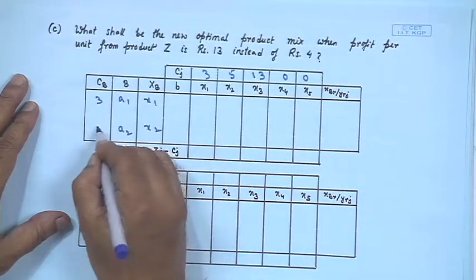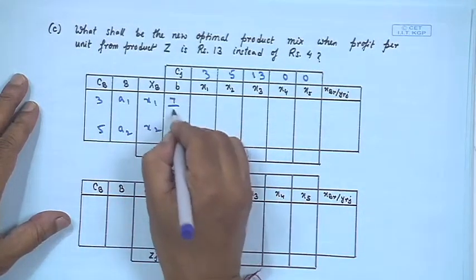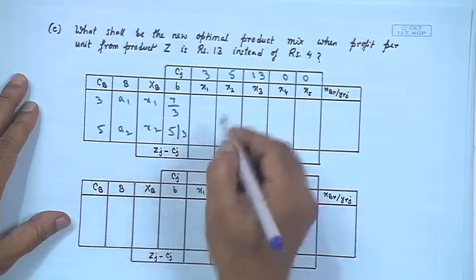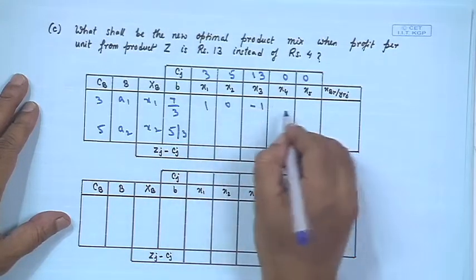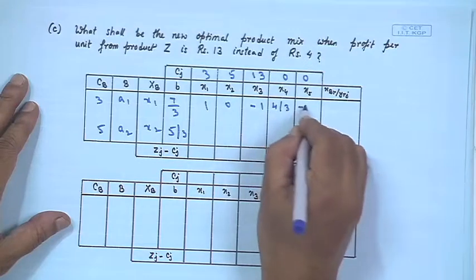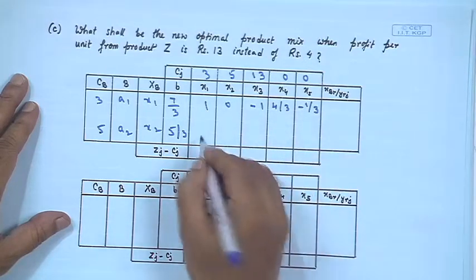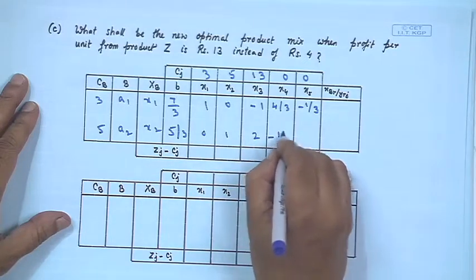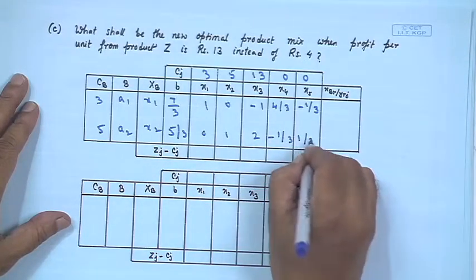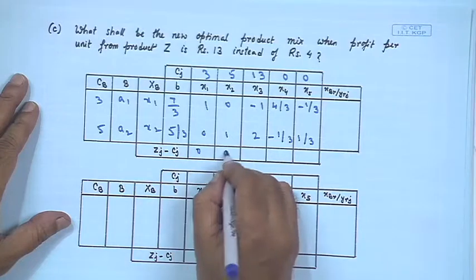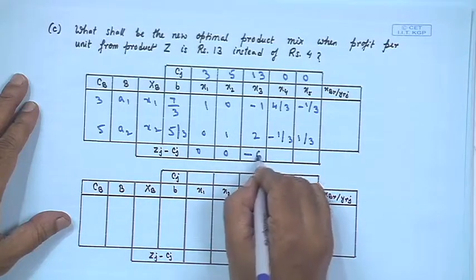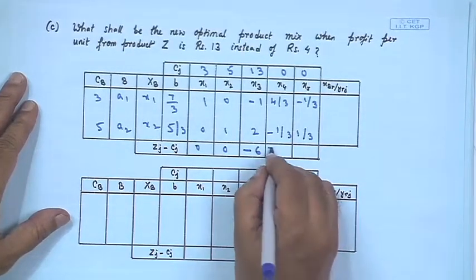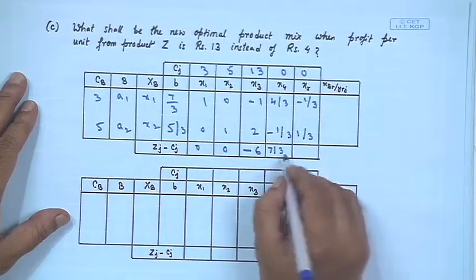So, this is 35, this is 7 by 3, 5 by 3, this one is 1 0 minus 14 by 3 minus 1 third, this will become 0 1 2 minus 1 third, 1 third. The zj minus cj values are 0 0, as I have shown, minus 6, 7 by 3 and 2 by 3.